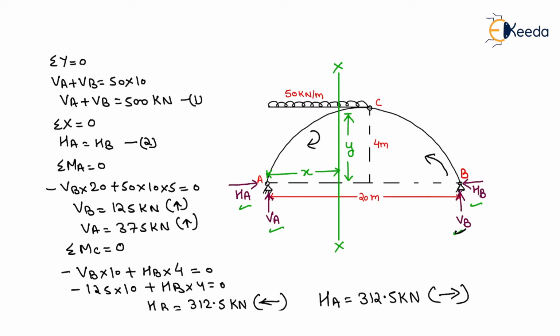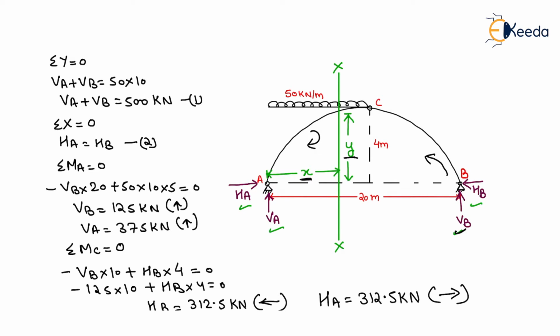Now we want to calculate the maximum positive bending moment, and we know that the maximum positive bending moment will lie below the loading. So we consider a section XX in the span AC, whose distance is x meter from support A and vertical distance is y.